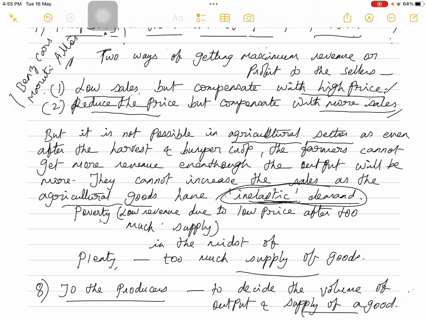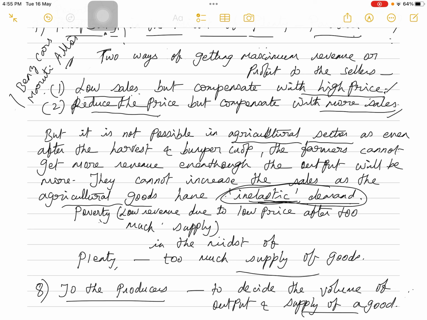That is inelastic demand. Remember, food grains we cannot consume just because the prices have reduced. We cannot consume plate after plate of meals, isn't it? So even after the bumper crop, that is plenty, the farmers are in the poorest situation, in poverty. That is poverty in the midst of plenty. So poverty, low revenue due to low price after too much supply.